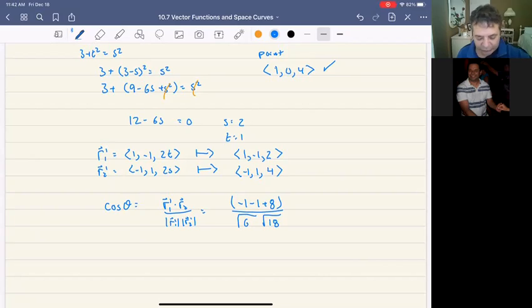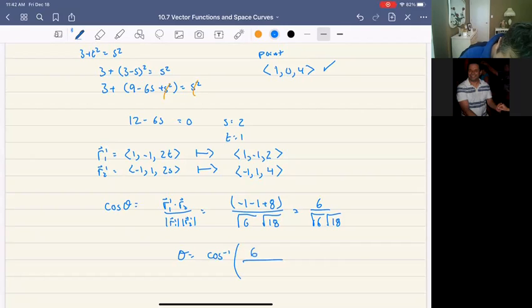Okay. So taking the inverse cosine of that, we're gonna get 54.73 degrees, which I'm gonna round to 55 degrees.